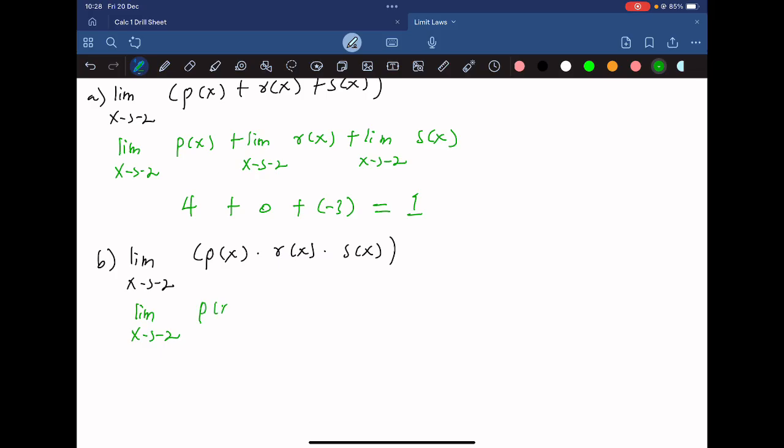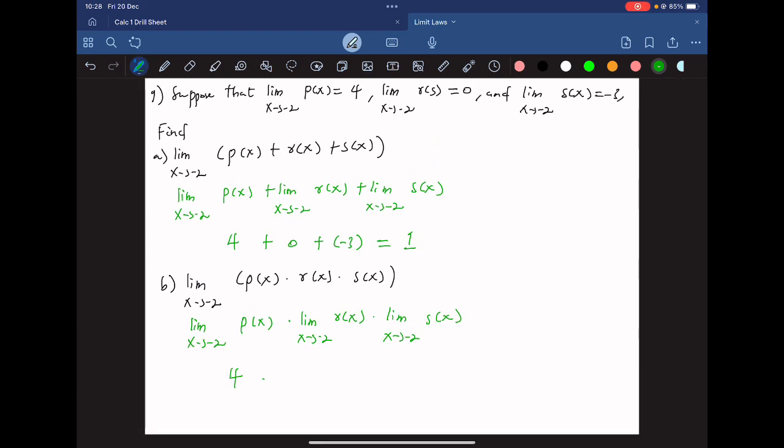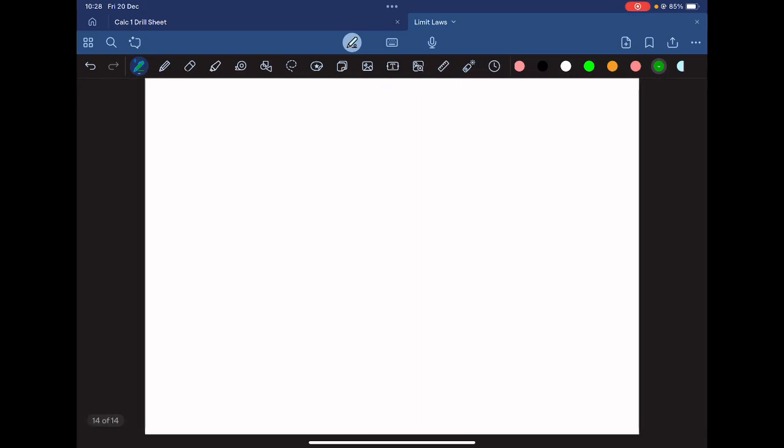So we have the limit of p of x, the limit of r of x, and the limit of s of x. So this is 4 times 0 times negative 3, which simplifies to 0.